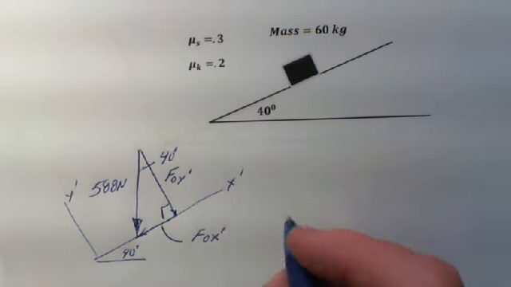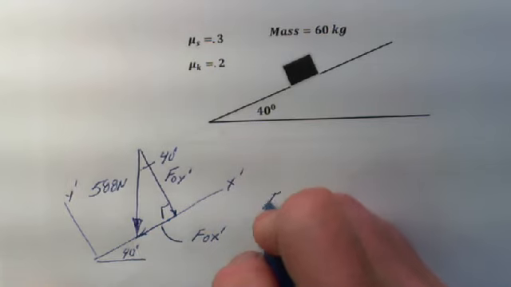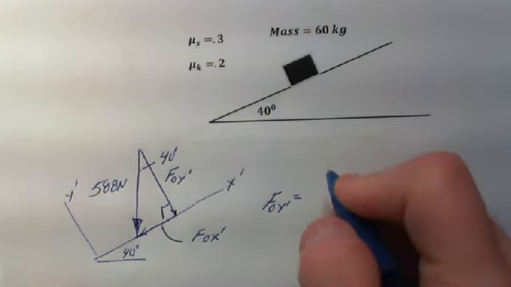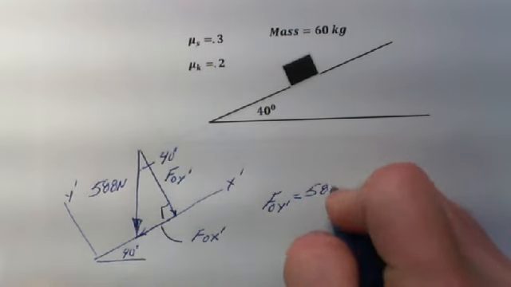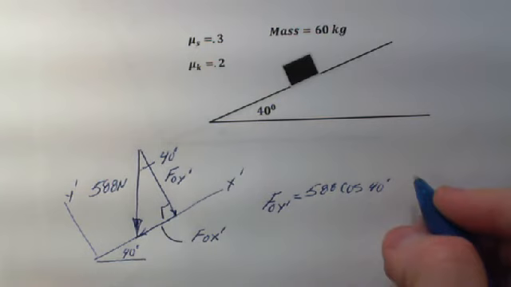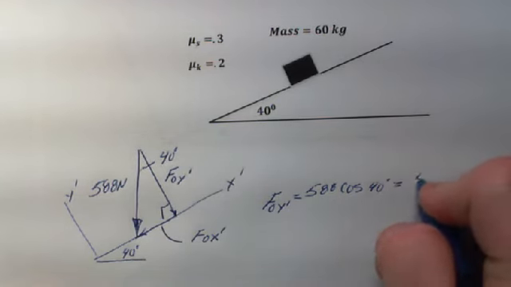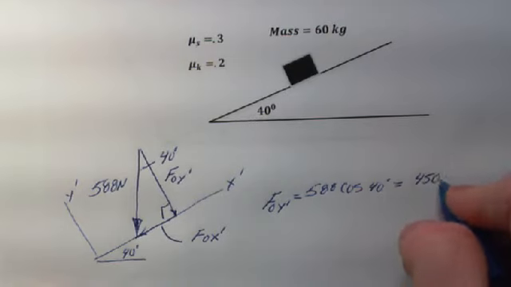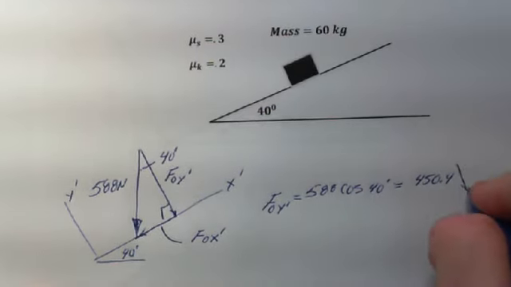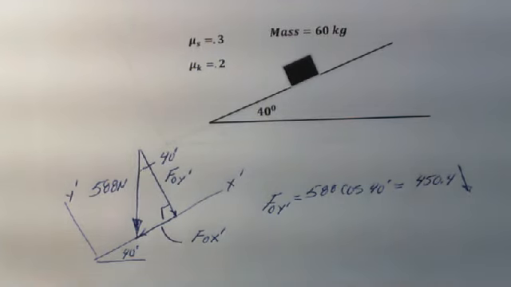Okay, we're going to run those numbers. The force of the object in the y prime direction is going to equal 588 times the cosine of 40 degrees. That's going to give us a value of about 450.4 newtons, and that's going to be coming straight down this direction, parallel to our y prime axis.